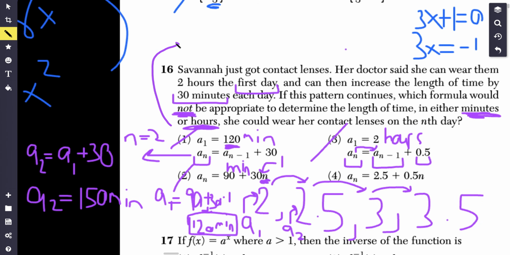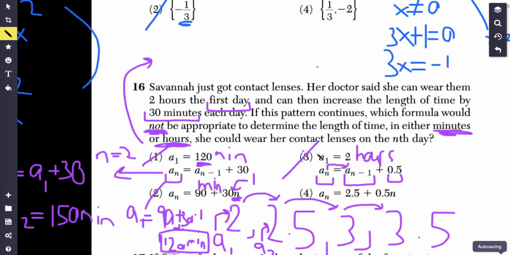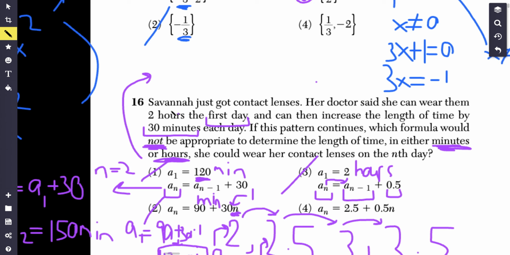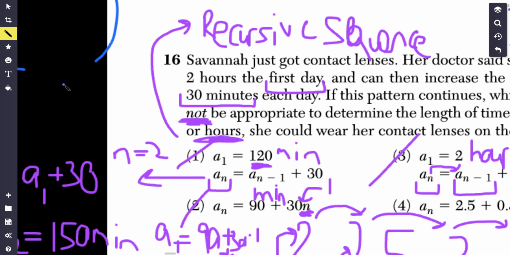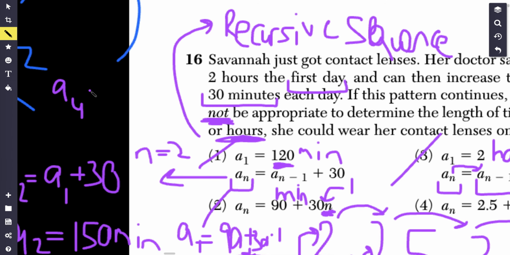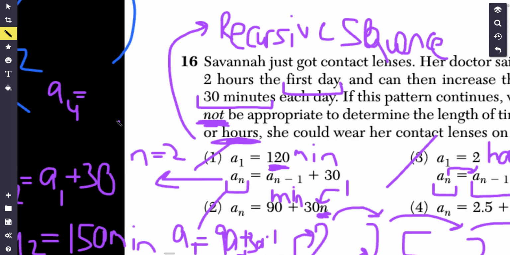What you've got to realize is that the first 2 equations are a recursive sequence. Meaning that if you wanted to find the amount of hours she can wear it on the 4th day, you need to know the amount of hours she wore it the day before, plus 30.